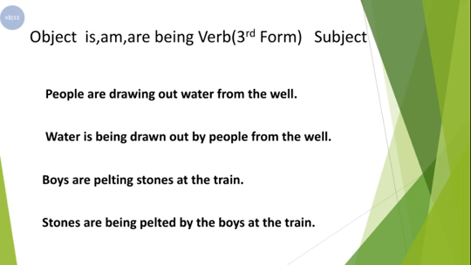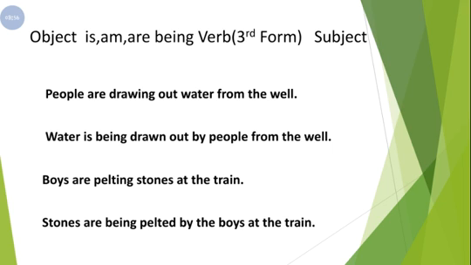So to make the passive, first you will write the object, stones, and then you are supposed to use the helping verb. Helping verb will be used according to the object. Stones, object is plural, that's why you will use are. Stones are being pelted. Sorry, first after the helping verb you will use being, and after the being you will use third form.